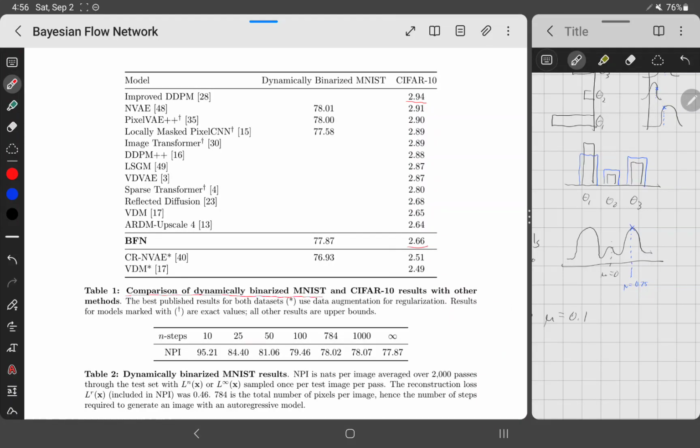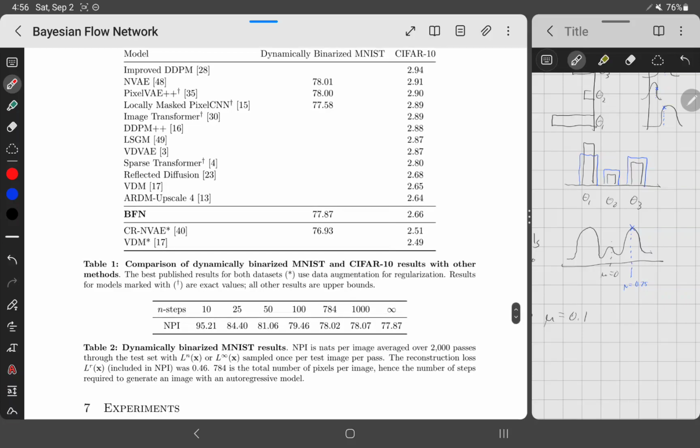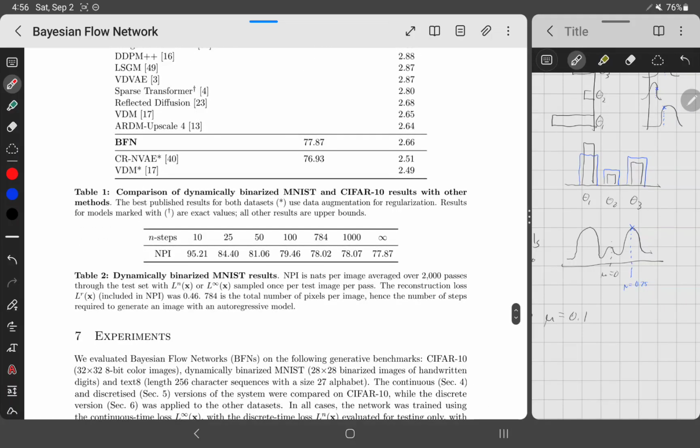Comparison of dynamically binarized MNIST with other methods. I'm guessing this is the FID score. I think BFN does better in this case, no, it does worse than improved DDPM, I think. Not sure, but it does at least similar to the improved DDPM, which is very promising.